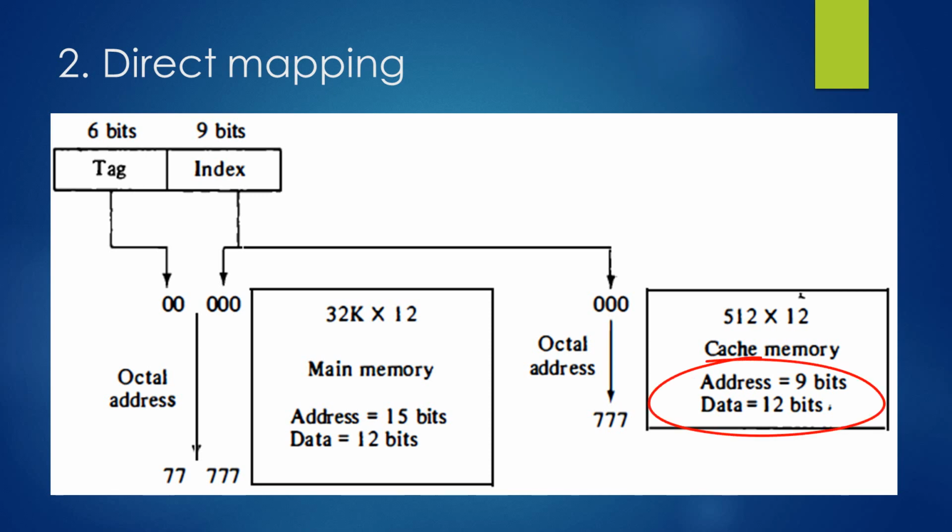The data bits are of the same size. If I want to access something from the cache, I can use the index address. The index address of main memory and cache memory are of different size. As you can see here, the address is of 15 bits and in the cache memory the address is of 9 bits. The 15 bits of address used in main memory is divided into two portions, tag and index.